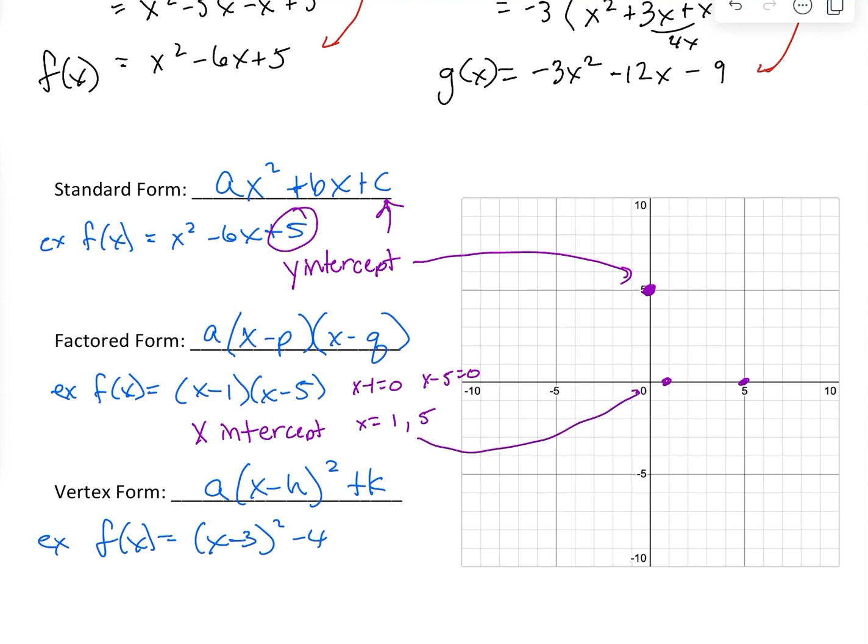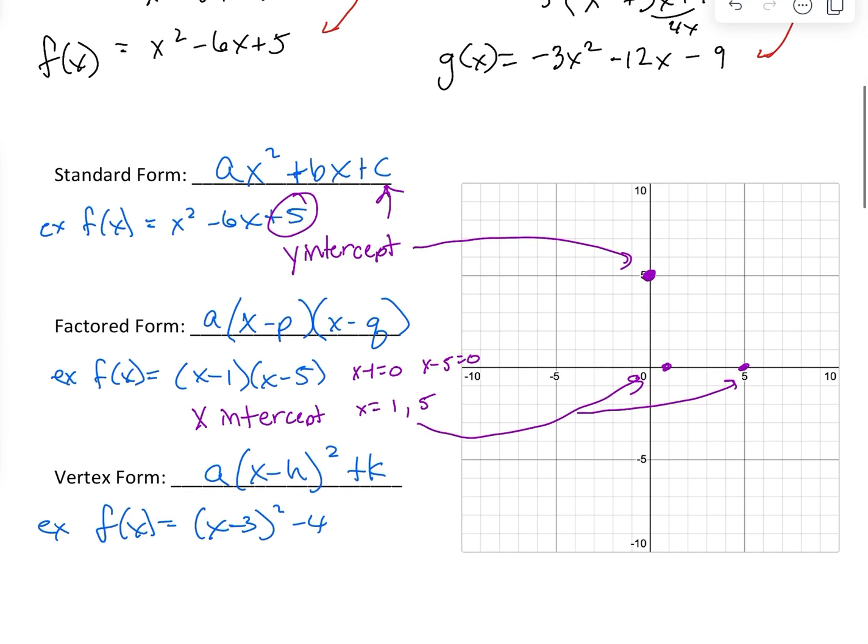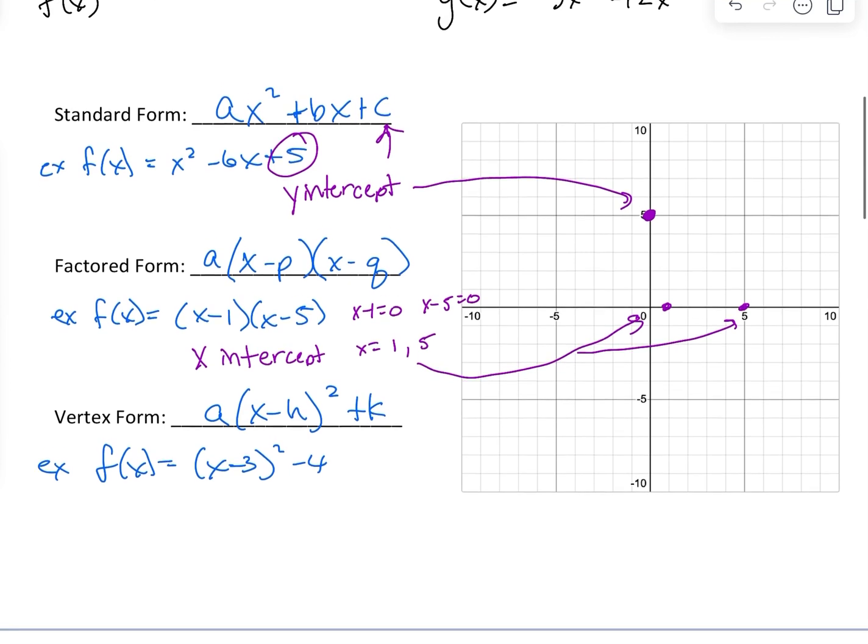Okay, so these are our x-intercepts. So we do see that sign change because we're solving that equation. That's one reason why in that factored form I wrote it as x minus p and x minus q. Again, sometimes there's coefficients of x's, so sometimes we have to divide those.